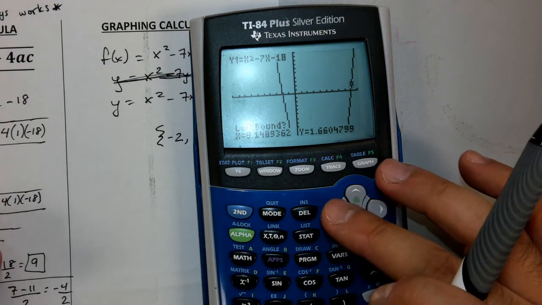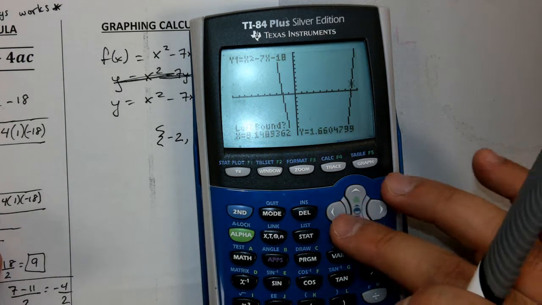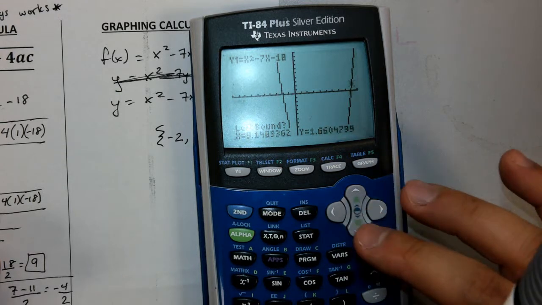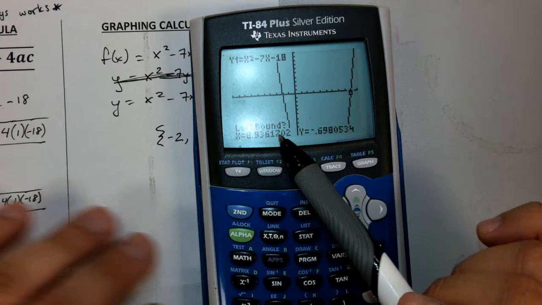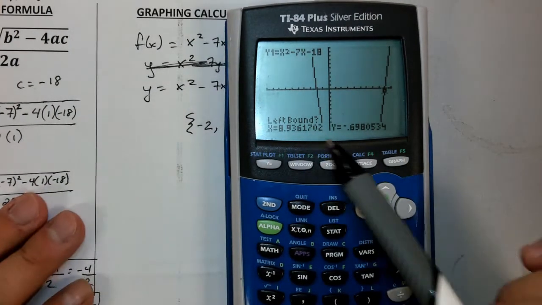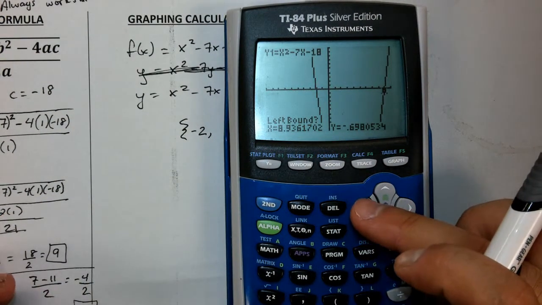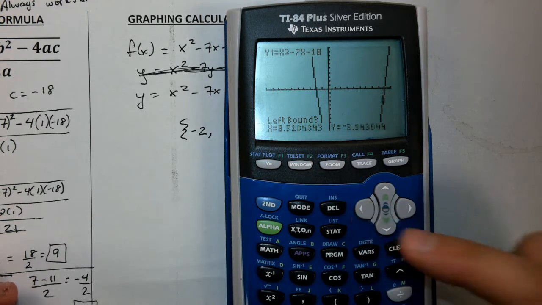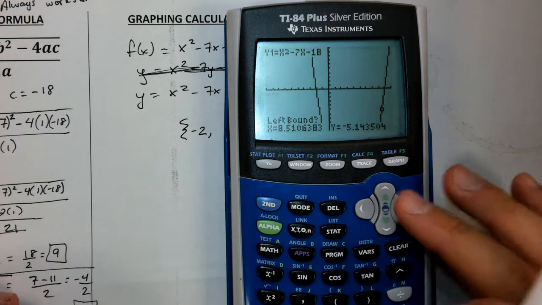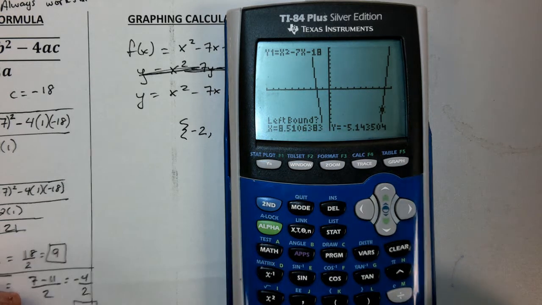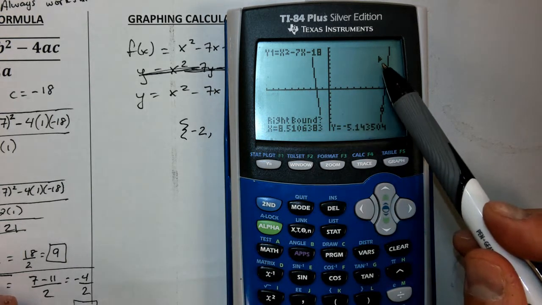Alright, sometimes it takes a while. Okay, so I can't really get on my x-intercept, but what I can do is get close. When it says left bound, what that means is you need to create a left boundary. So I'm just going to click to the left once, twice if you want, 3 times if you're really adventurous. I like to go twice. Just hit left twice, hit enter, let it drop that arrow there.